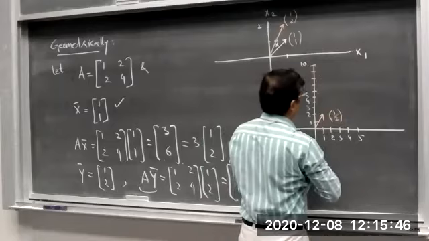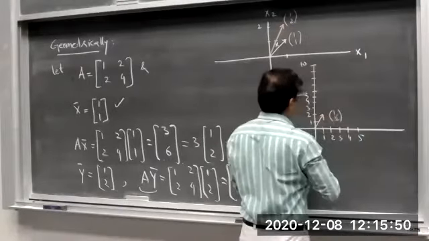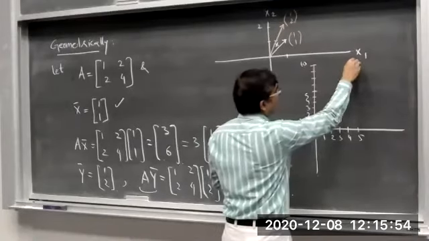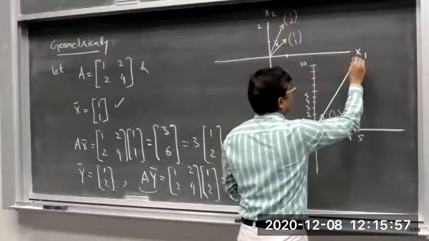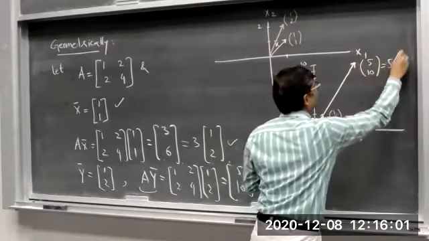So what do we obtain here? We obtain a vector which is basically a similar vector, 5 times 1, 2.